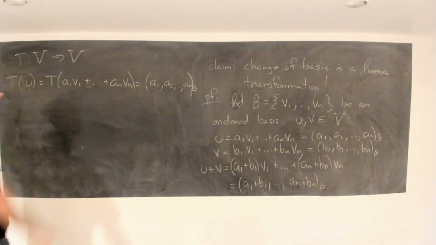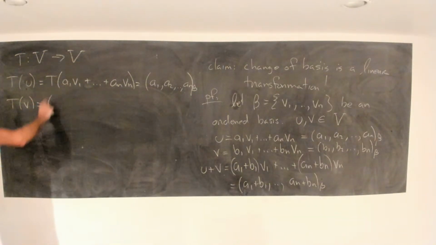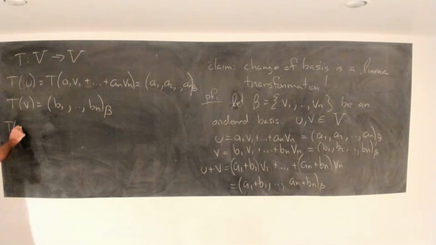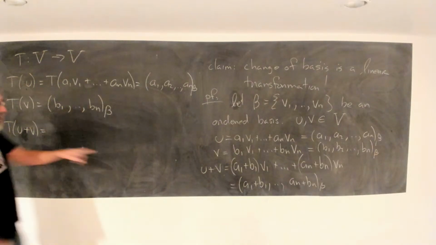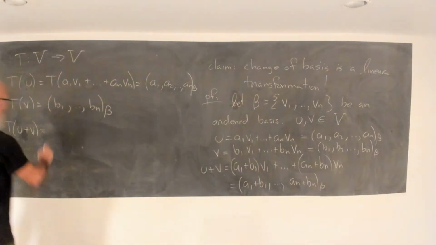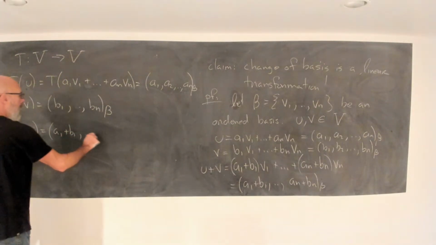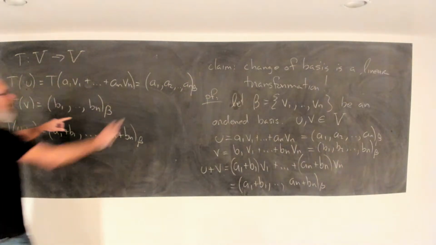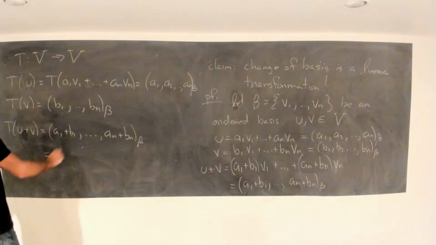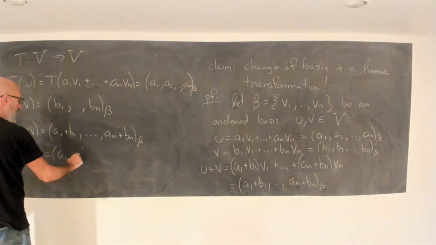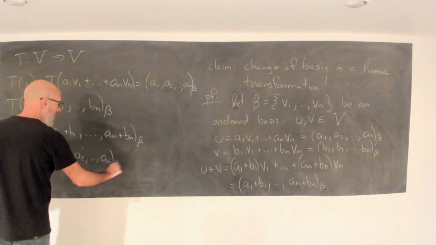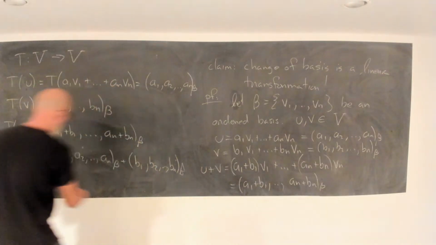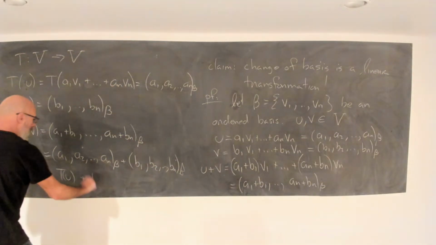So T of u is this, T of v is the same thing, and T of u plus v, as we saw, is just a1 plus b1, and so on, an plus bn, but it's this plus this. Which is T of u plus T of v.